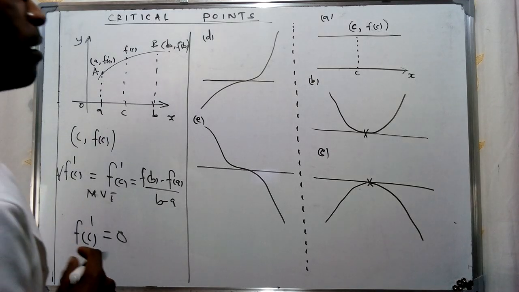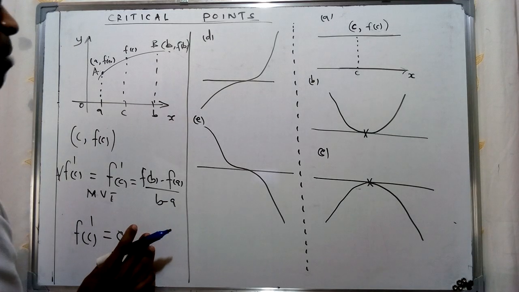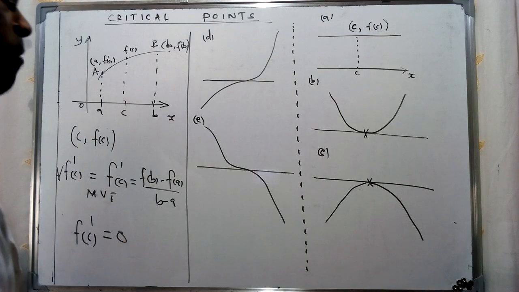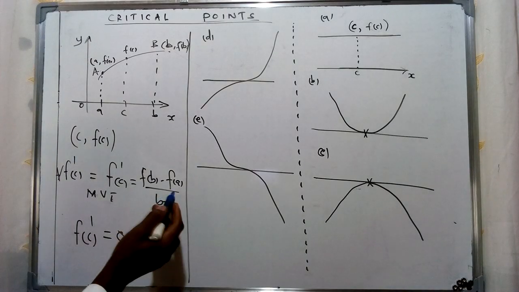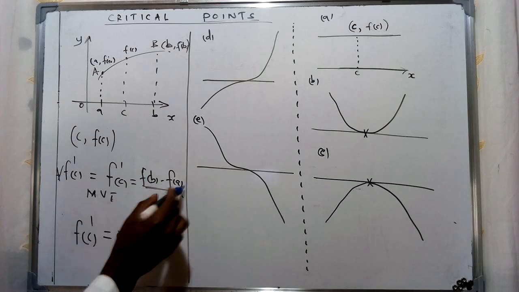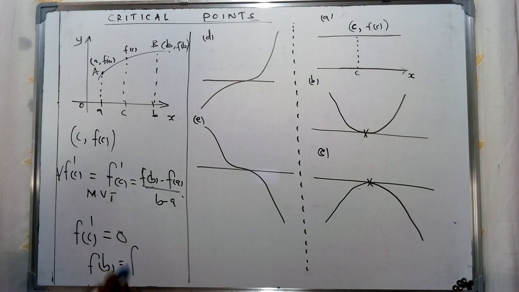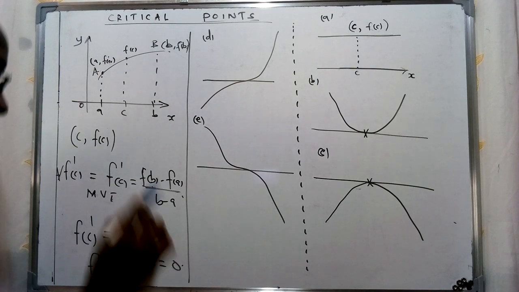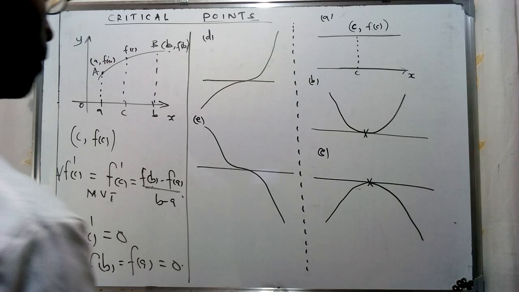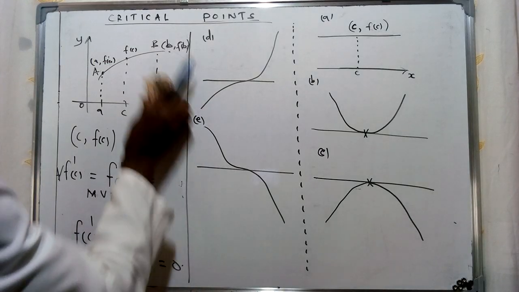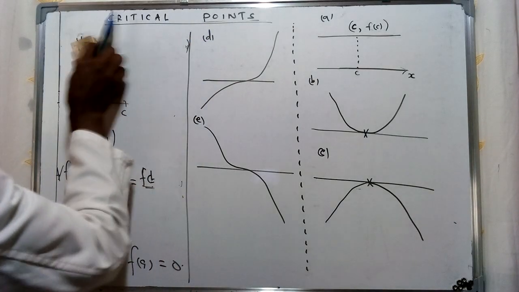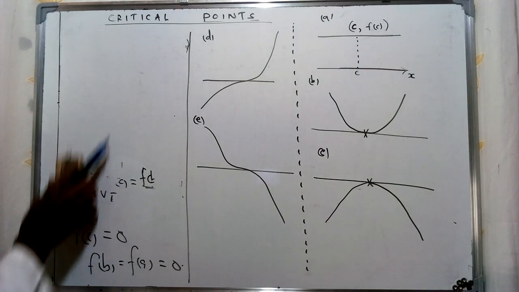So this implies that the derivative at this point is not going to change between f(b) and f(a). That has an implication that the value of f(b) is equivalent to the value of f(a), and therefore, this description is going to give us a way of describing various graphs of these critical points.